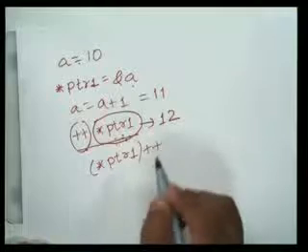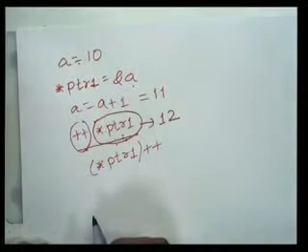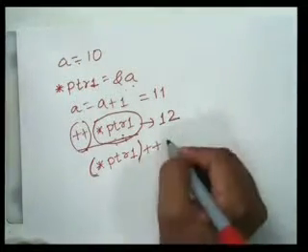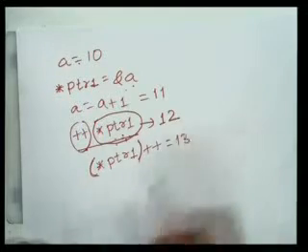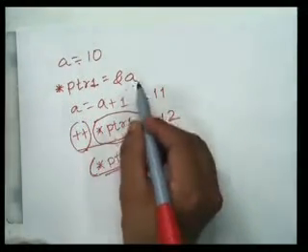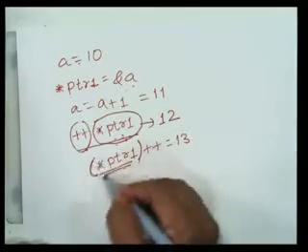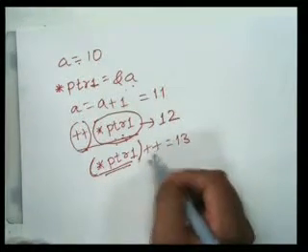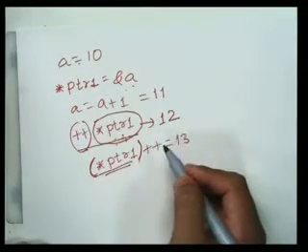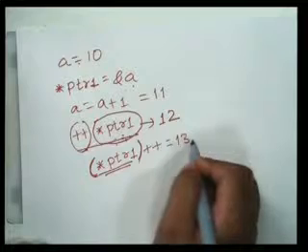Now this is a post-increment operator, so I need these brackets. Again this will make our value of a 13. When I write *ptr1, I am accessing the value of a, and because post-increment has precedence rules, I need to enclose it in parentheses. Then it becomes 13.